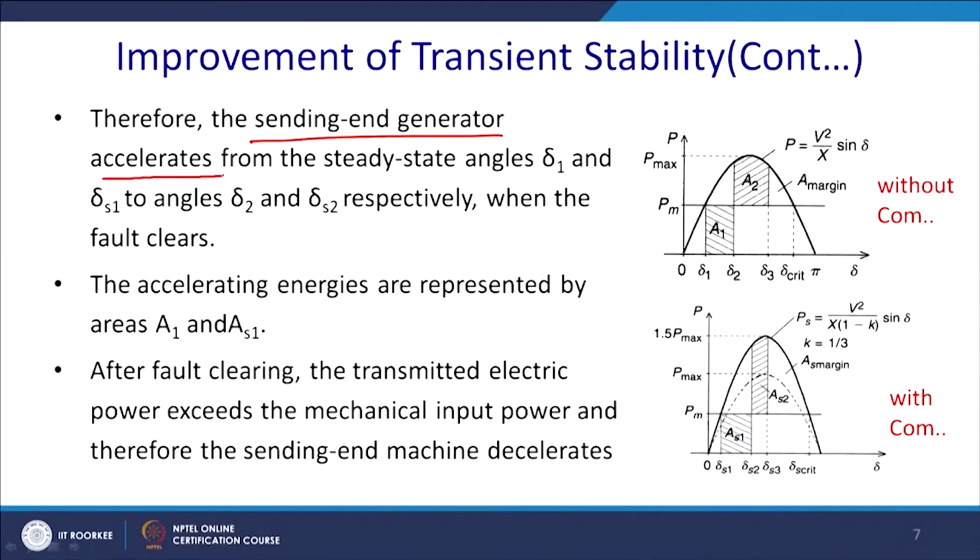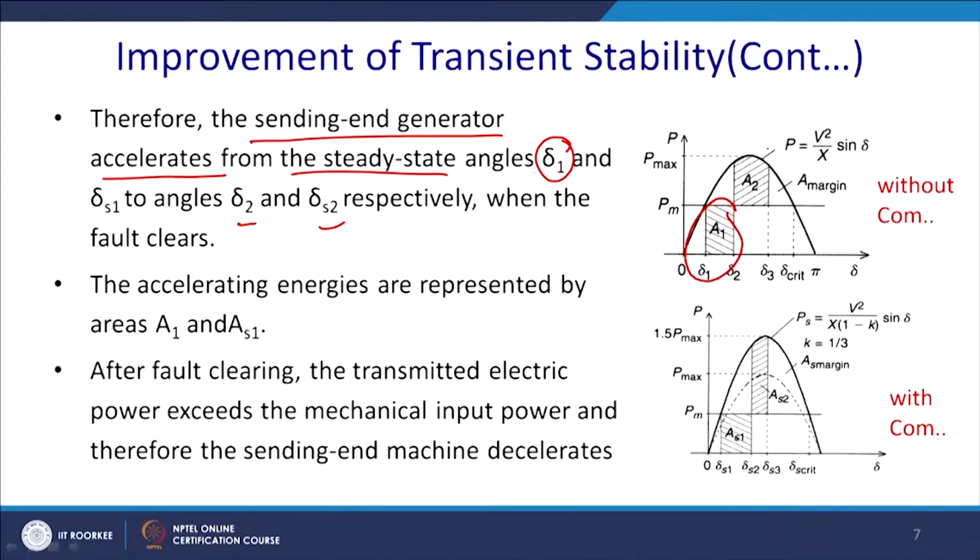Therefore, the sending end generator accelerates from the steady state angle delta 1 to delta 2, and delta S1 to delta S2 respectively, when the fault gets cleared by the breakers. This one is our accelerating area and this is the decelerating area, as has been discussed in the shunt compensation.